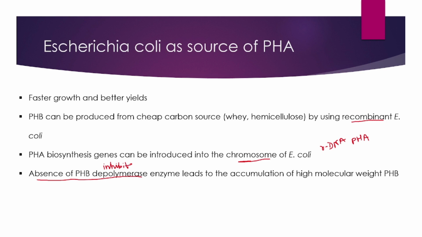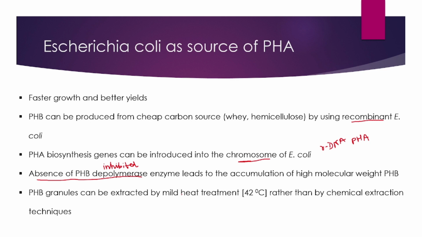When you are designing recombinant E. coli cells, you have to consider two things. First of all, you have to insert the necessary PHB genes, and second, you have to inhibit the PHB depolymerase activity. Otherwise, it will degrade the PHB polymer that is produced.